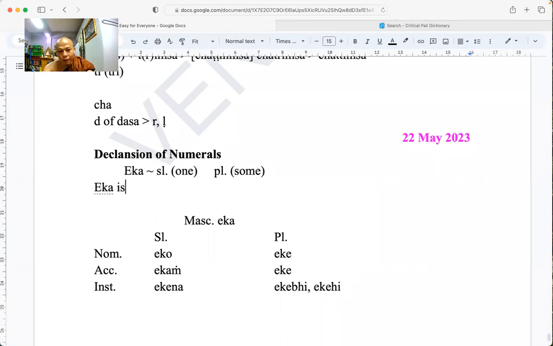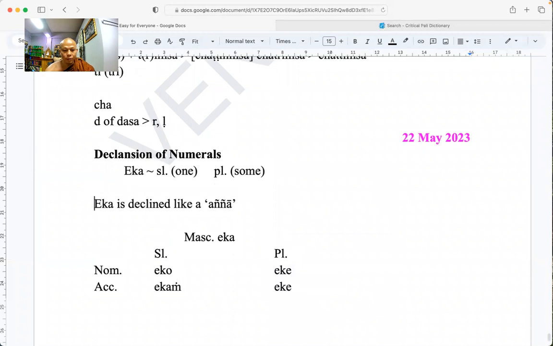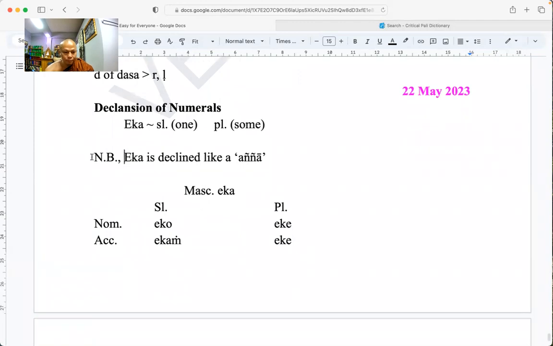Eka is inflected or declined in the same way, like inya.